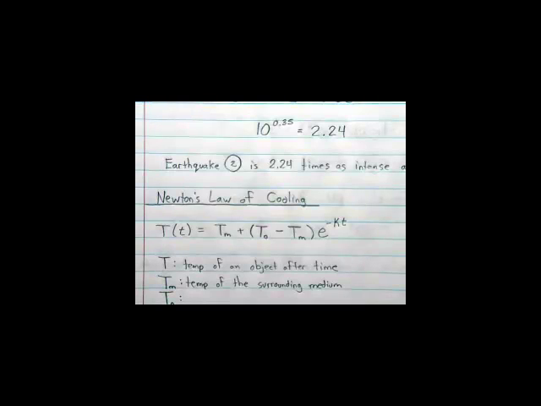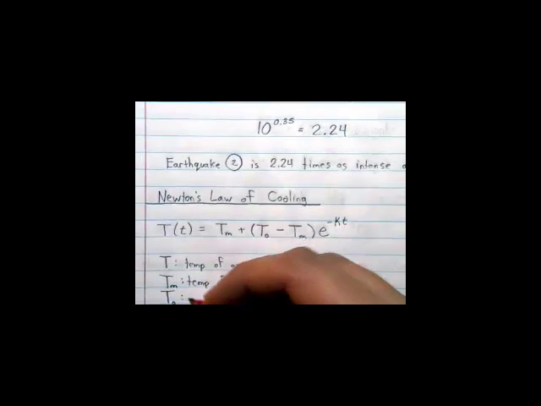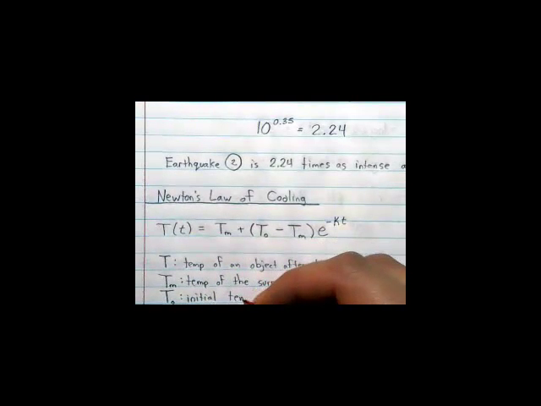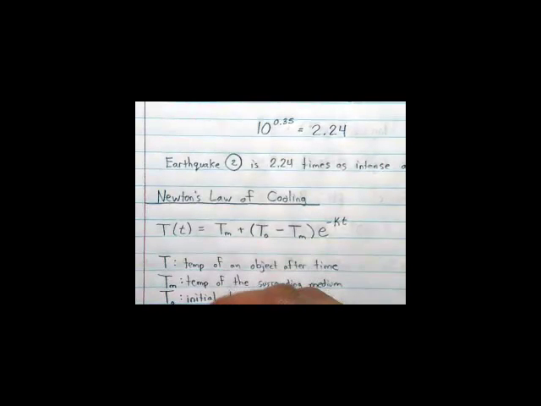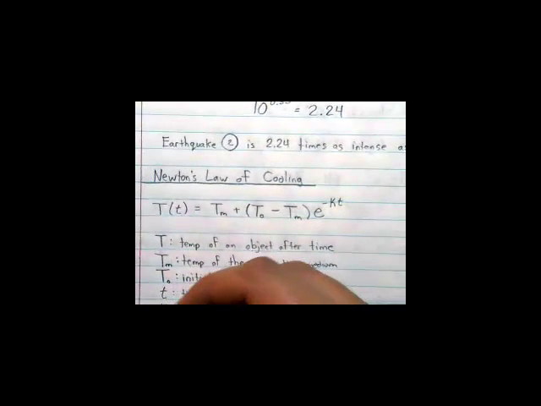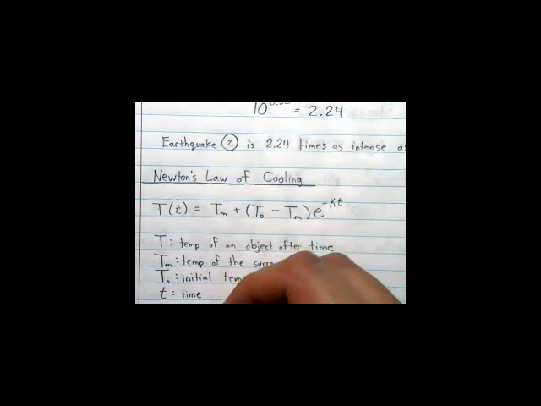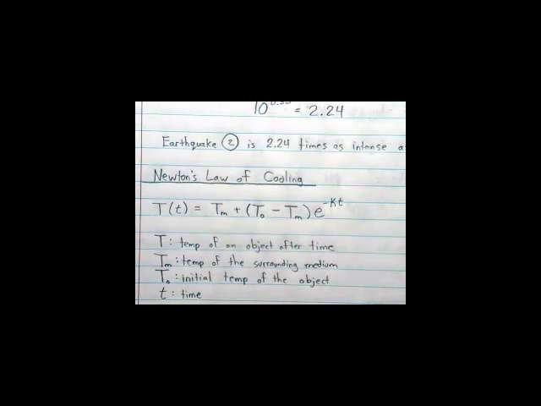Then this T with the little zero, T naught, is the initial temperature of the object. And like you've seen before, the lowercase t is simply time, however much time has gone by. And the k is some constant that changes depending on where you're at.